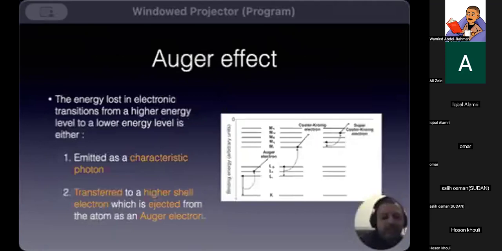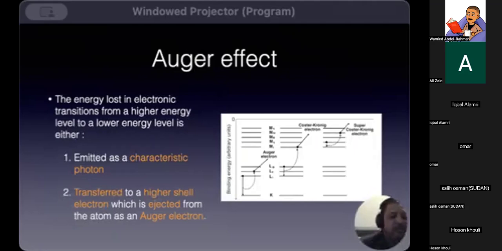The energy loss in electronic transitions from a higher energy level to a lower energy level is used in one of two ways. When we have a vacancy, we have a transition from a higher shell to this lower shell to fill the vacancy. And that energy that this electron has lost could be either emitted as a characteristic photon, or it could be given to another electron in the atom.